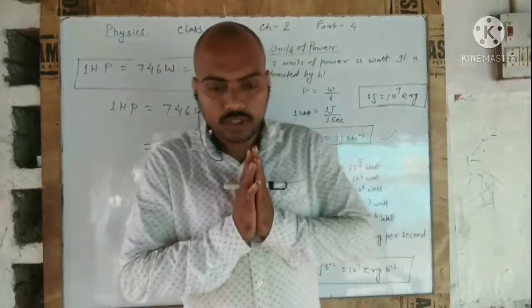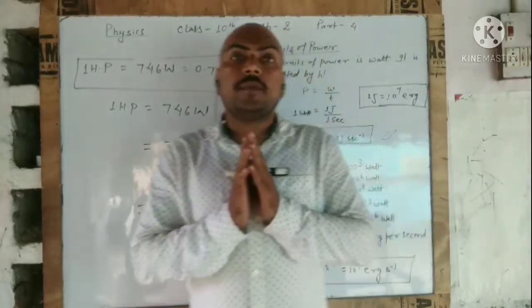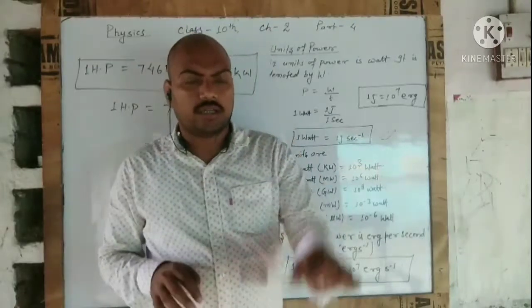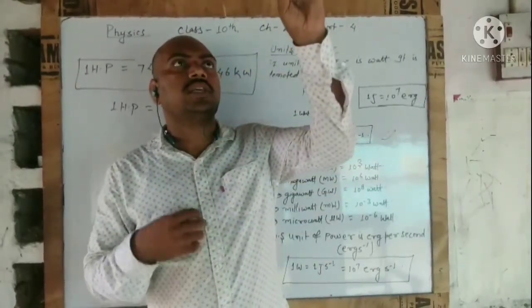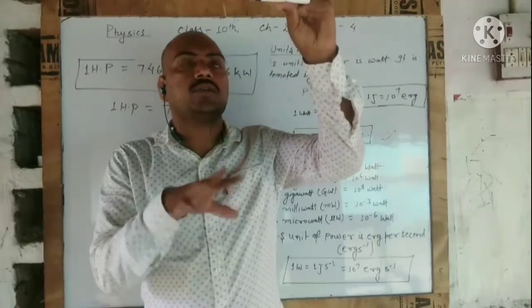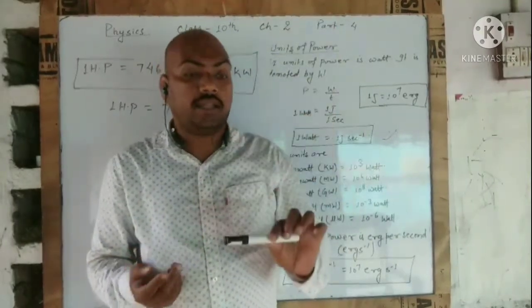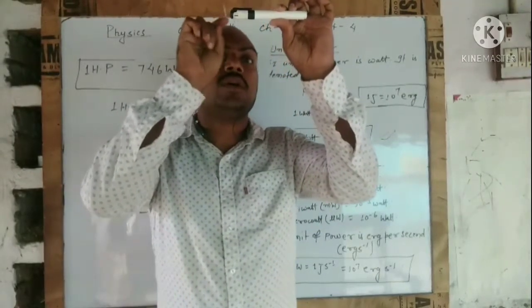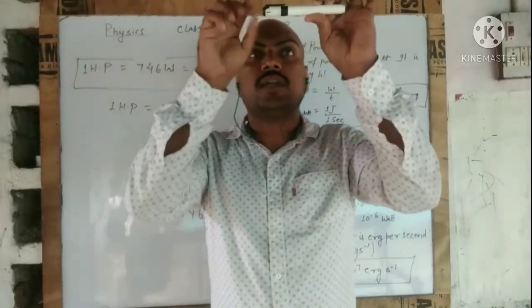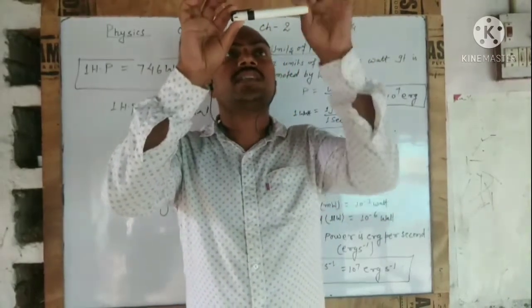For example, if I am doing work by holding this marker from here to here, I am losing energy. Where does it go? It goes to the work done on this body, and it becomes its energy.